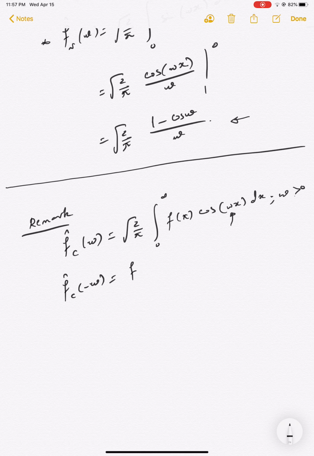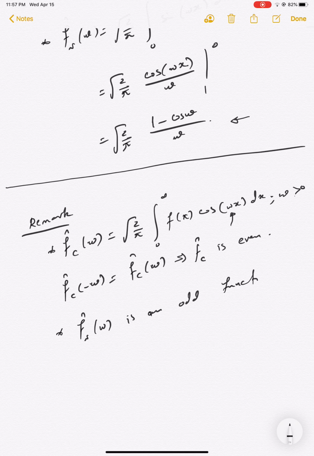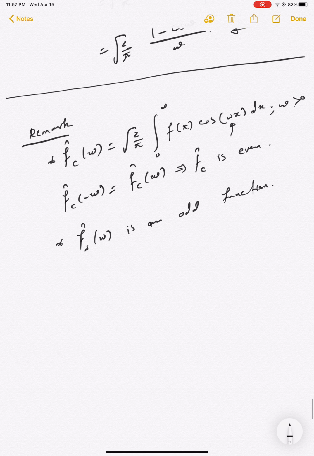So you're going to get the same thing as substituting omega, which means that the Fourier cosine transform is an even function. Following the same thing, you can find that the Fourier sine transform is what? It is an odd function, if you like to substitute negative values.